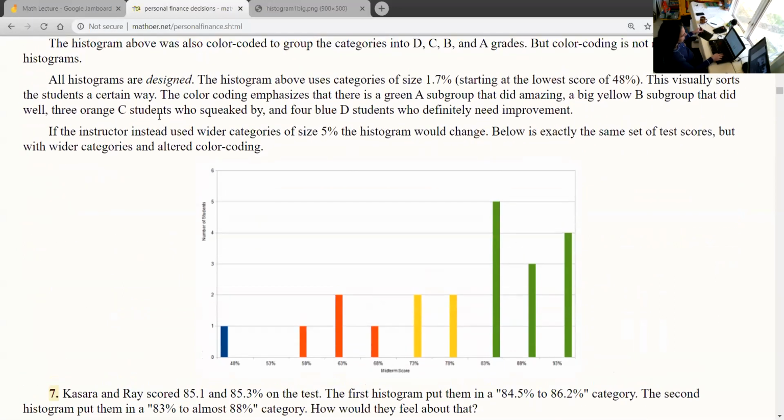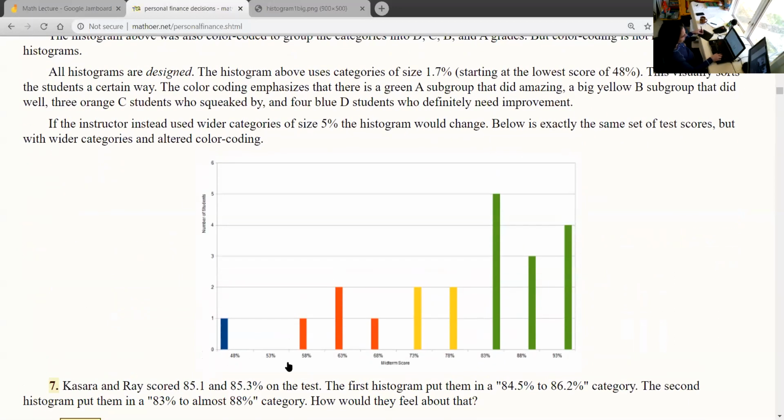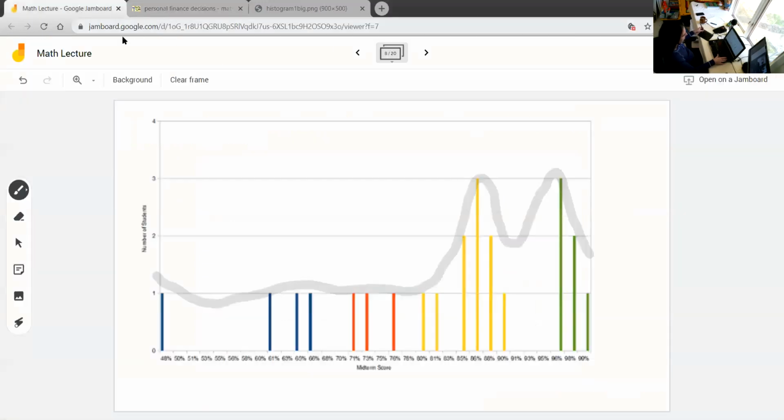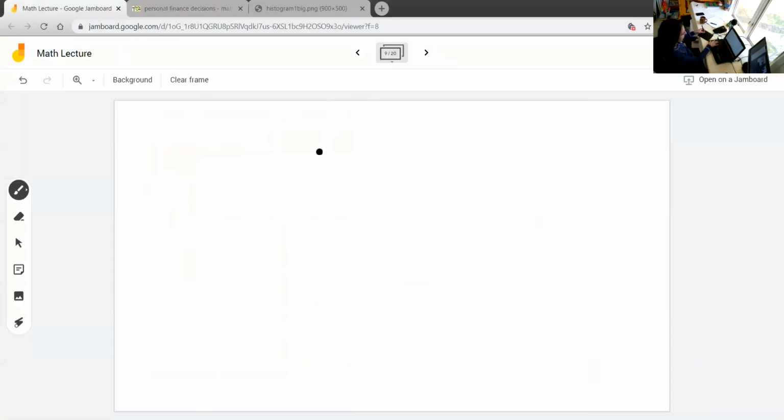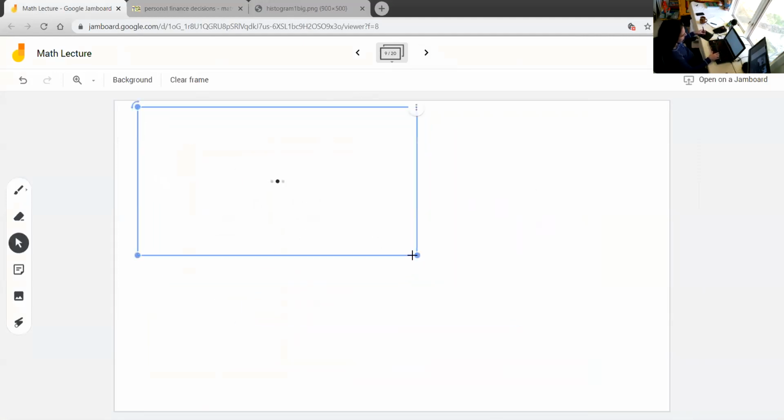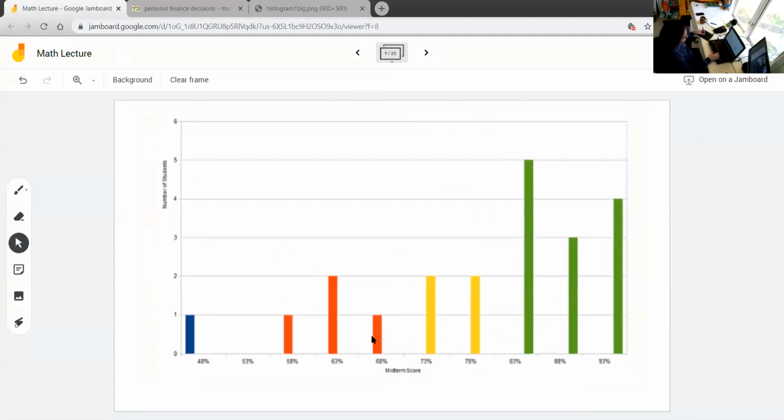But if I make my categories different, then I have this exact same data, the exact same students, but this looks like a very different shape. Just because I've taken the categories at the bottom and changed them.